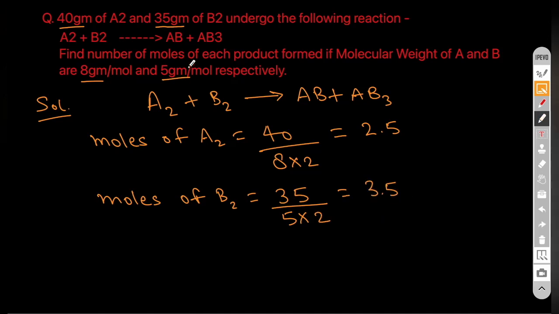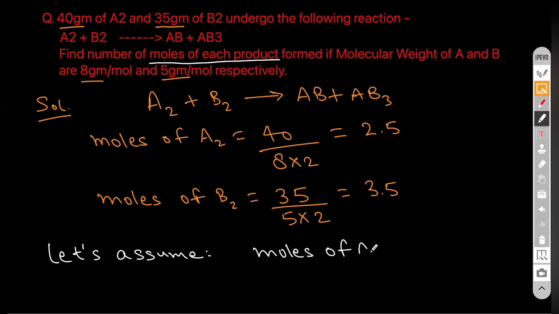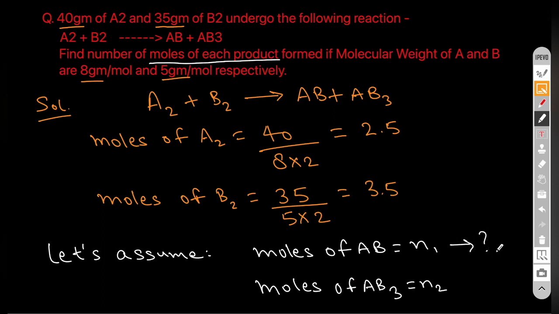Now we have to find moles of each product formed, meaning moles of AB and moles of AB3. So let's assume that moles of AB is equal to N1 and moles of AB3, which is the other product, is equal to N2. We have to find these values N1 and N2. We will further solve it.